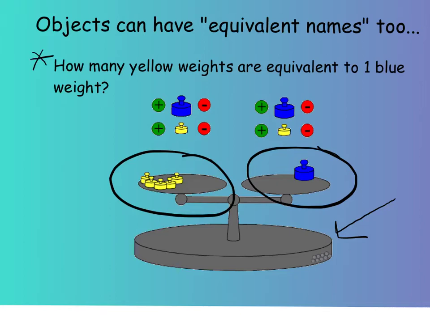How many yellow weights are equivalent to one blue weight? You'll notice that the yellow weights are smaller and the blue weights are bigger. If you count the weights, it takes 5 yellow weights to equal 1 blue weight. So that means it would take 10 yellow weights to equal 2 blue weights. So the blue weight is equivalent to 5 yellow weights.